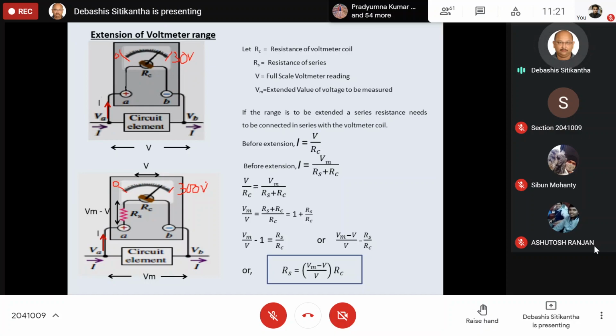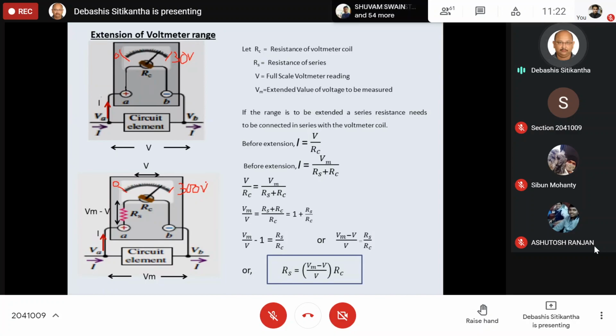So what type of modification? Here I will connect a very high resistance in series with the voltmeter coil. When we were talking about the extension of ammeter range, we connected a very small resistance in parallel across the ammeter coil.